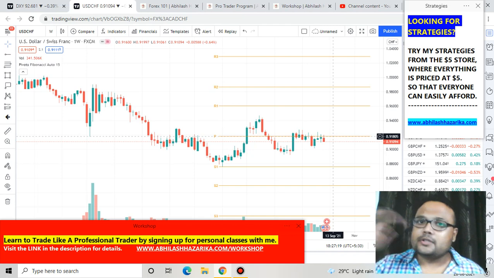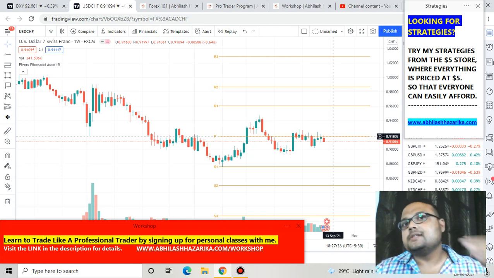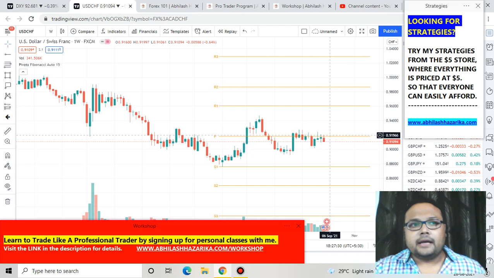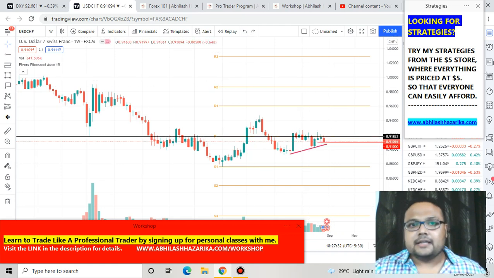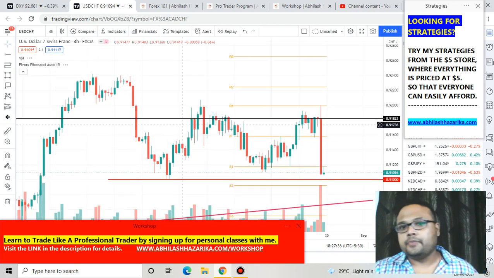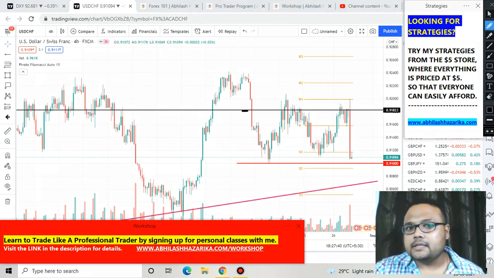Whenever price goes up, there is a sudden selling pressure on the market, and ultimately the market closes below the resistance level, and therefore we are still seeing the same story. History is repeating again and again on the USDCHF. So there should not be any doubt in our mind that this is the strong resistance for the USDCHF chart.